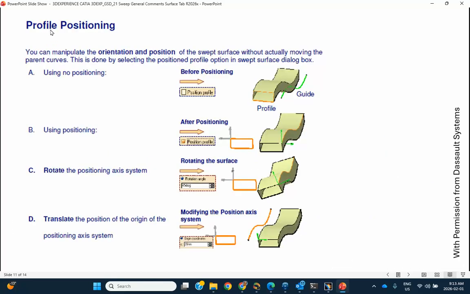And the positioning of a profile is extremely important. This is one of the check boxes in the optional section of the dialog box. You can literally move your cross section, your sketch, to a different location in space. That's called profile positioning. There's a checkbox there, and you put numbers in there. Here you can see the position profile.